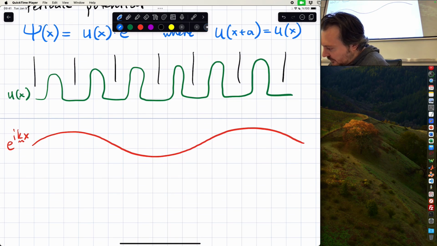So let's just look at the values that we have when they are at the top. Okay?